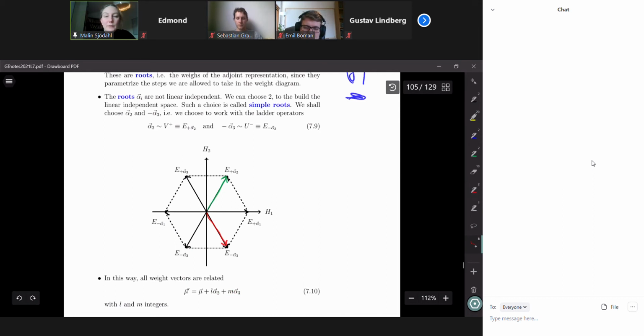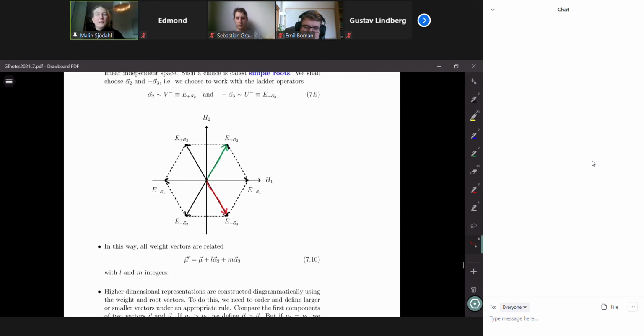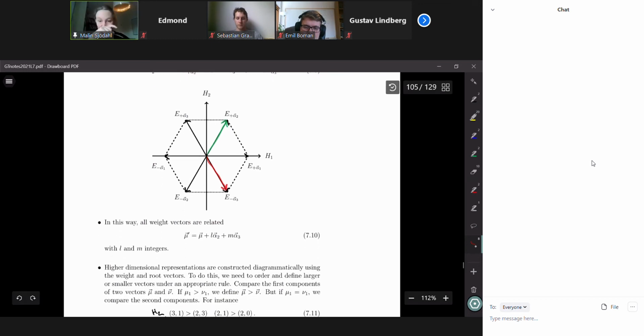So, for example, I can go from here to here using this vector, or I can go from here to there with a linear combination of this vector and this vector. So 1/2 this guy plus this guy should bring me there, etc. So I take integer steps and I span my whole lattice of points of states in this way.